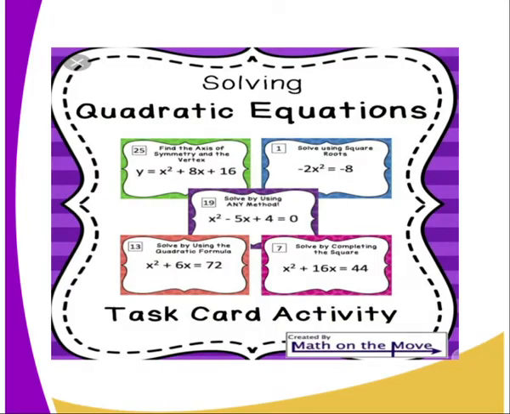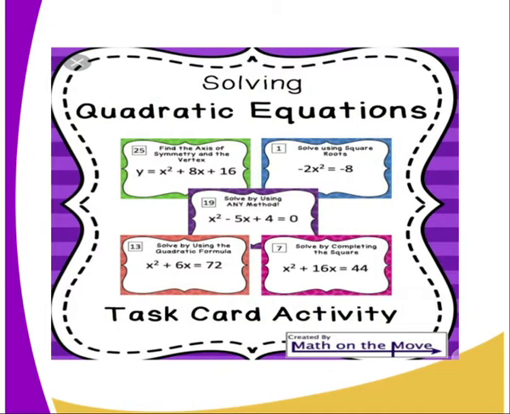For example, when we look at what is on the screen, we have different ways that we can get the equation. We can have y is equal to x squared plus 8x minus 16. That is a quadratic equation. We can also have negative 2x squared is equal to negative 8. That is a quadratic equation. We can also have x squared minus 5x plus 4 is equal to 0, a quadratic equation.